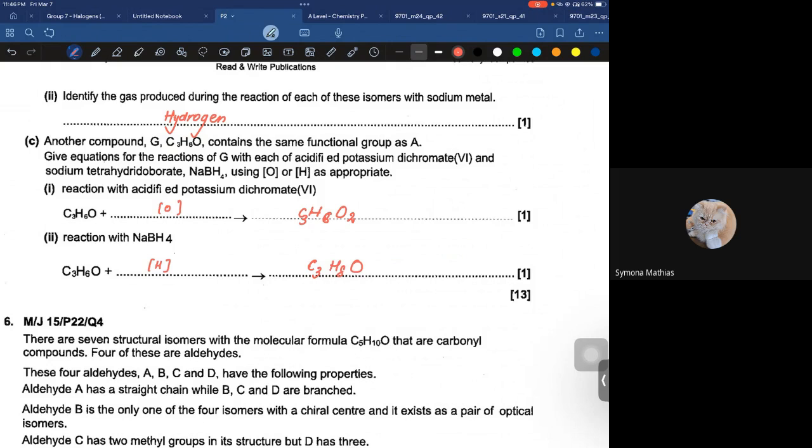Else you can draw the structure to confirm this. Let me draw the structure. It's C3H6O, right? It's an aldehyde. One, two, three. I'm going to oxidize it to make it carboxylic acid. That would be just like that.